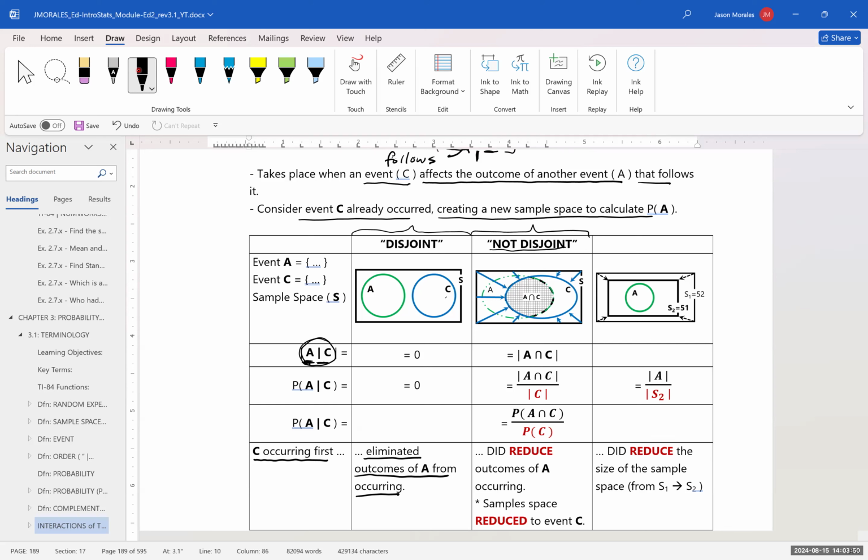Now that the sample space has shrunk down to event C, we're interested in A occurring, given that C occurs first. What's left of A is in the intersection with C. So the order of A given that C occurs first is going to be the order of A intersect C, the order of this intersection right here.